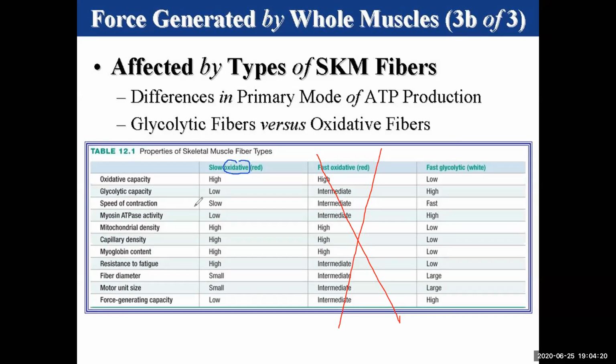To oxidize fuel molecules. So you need a lot of mitochondria. So you have high mitochondrial density. If you need a lot of oxygen, you need a lot of delivery of oxygen. So you need a lot of blood vessels. So capillary density is also high.